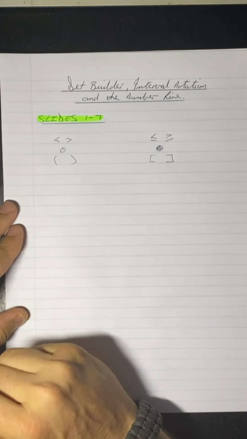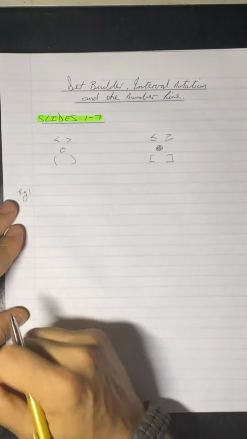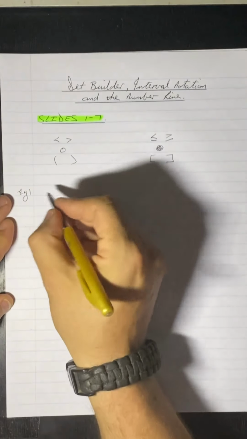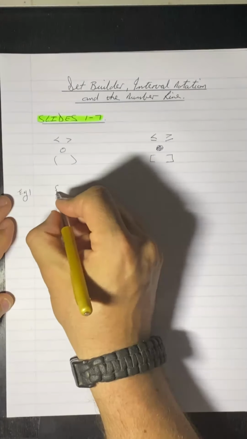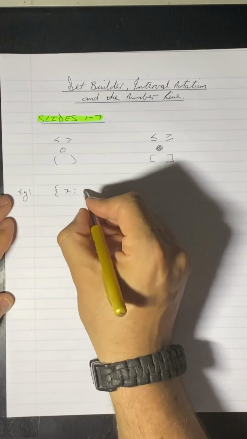Okay, so if we look at example 1, they are asking us to represent the following on the number line. So they've given us two different notations here. I'm just going to write them down so we can see what they are.